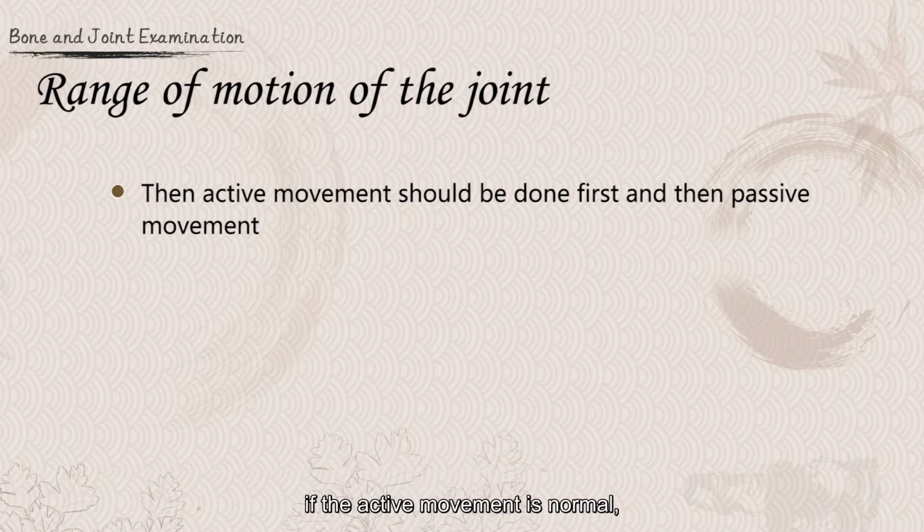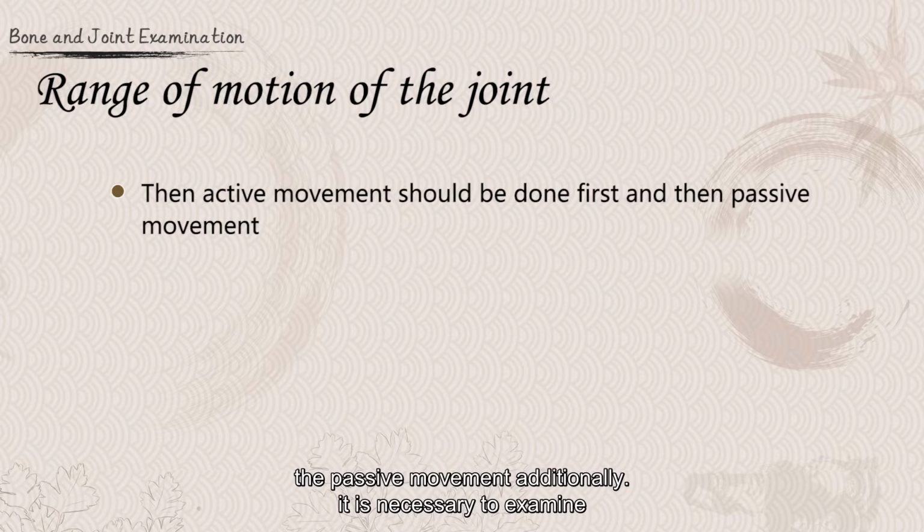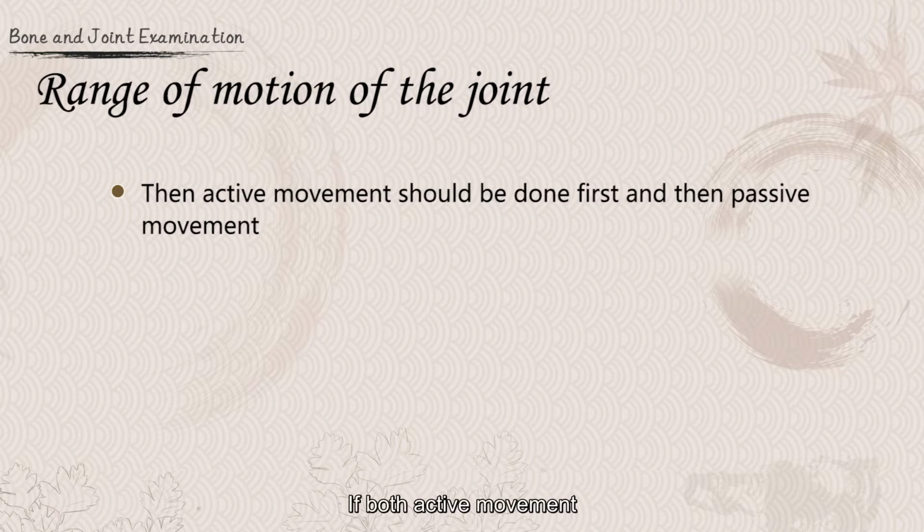If the active movement is normal, it is not necessary to examine the passive movement. And if the active movement is abnormal, it is necessary to examine the passive movement additionally. If both active movement and passive movement are abnormal, neurologic lesions should be considered.